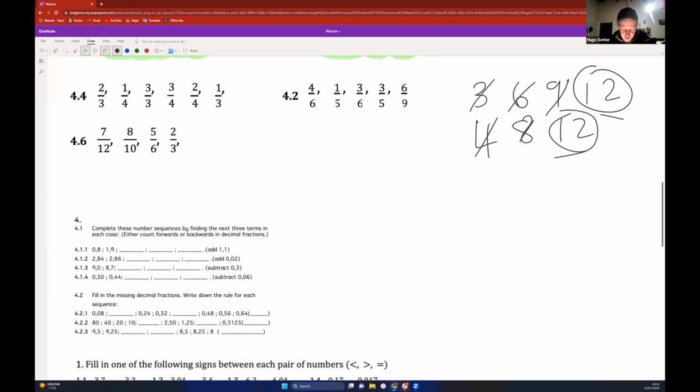Now, we need to change everything to something over 12. So for 4.4, we're going to say 3. What did I have to do with 3 to get it to 12? In the chat, work with me. What did I have to do with 3 to get it to 12?